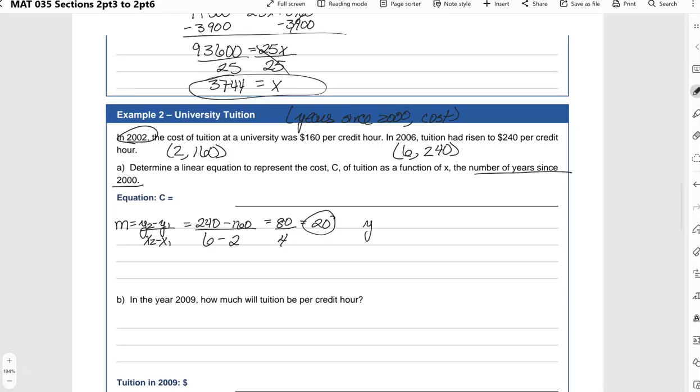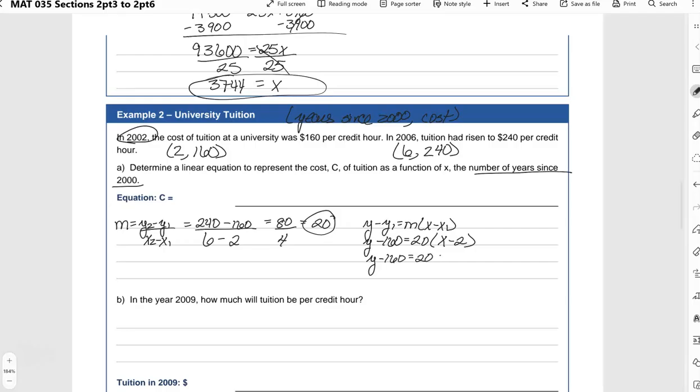So now I'm going to use my point slope formula: y minus y1 equals m times x minus x1. I'm going to use y minus 160 equals 20 times x minus 2. So the 2 and 160 are my x1 and y1. Let's do some fancy math.